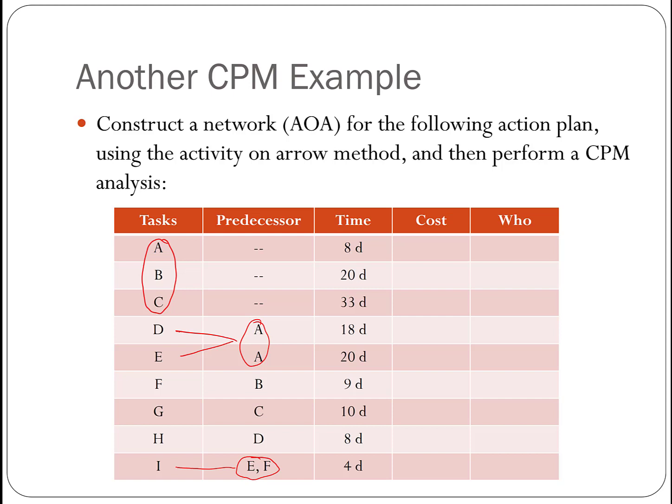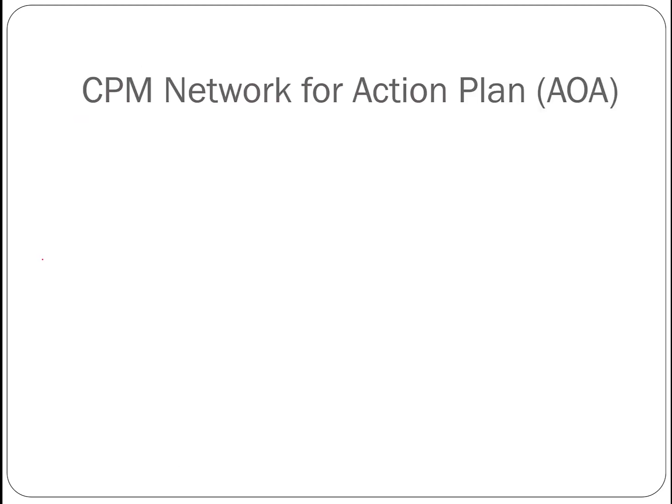So with this simple analysis, we're going to draw the activity on arrow network first. We're going to start with a node, which is our starting node.